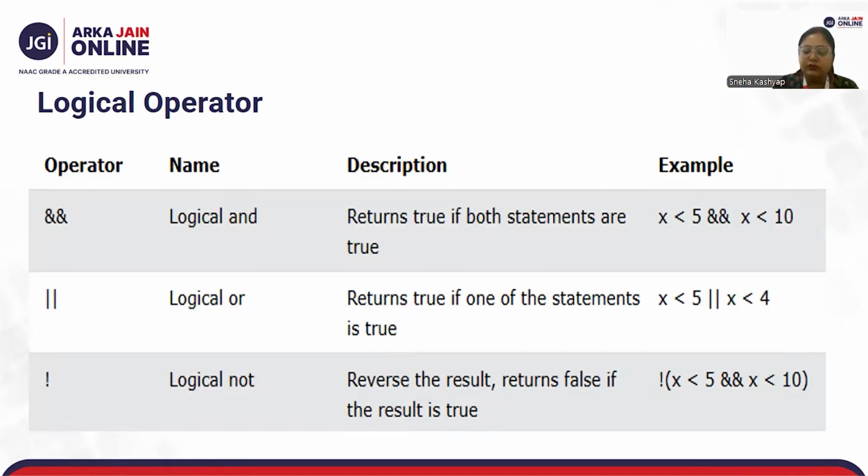If any one is true, it will return true, else it will return false. And logical not will reverse the result. Suppose the output is false, it will print true, and if it is true, it will print the false result. So this is how any given logical operator works.